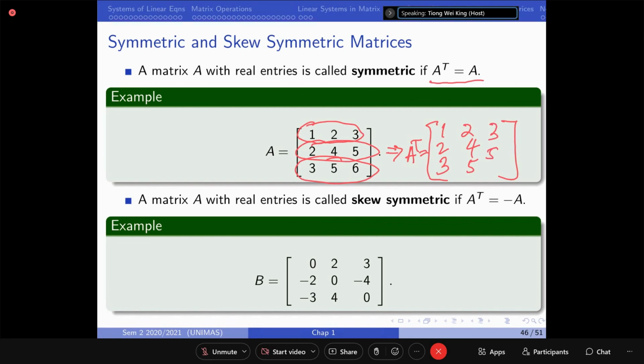If you compare both of them, they are the same. So we can say that this is a symmetric matrix.